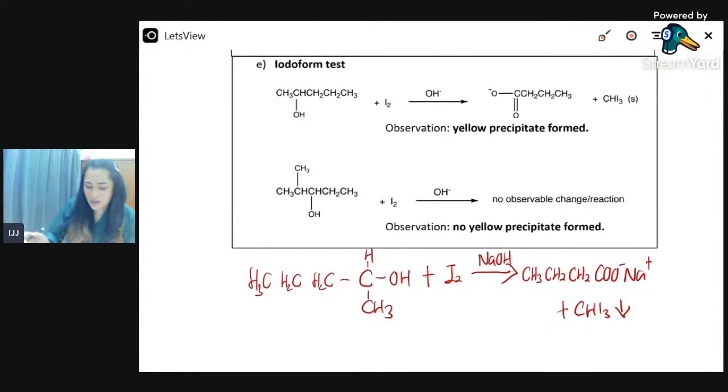Kamu kena tulis juga, but kamu punya produk no observable change. And the third one, kamu mesti letak observation. Okay, kenapa ada tu yellow precipitate? Itu yellow precipitate ialah the CHI3. Okay, so yellow precipitate form. So kalau dalam ni no yellow precipitate form.